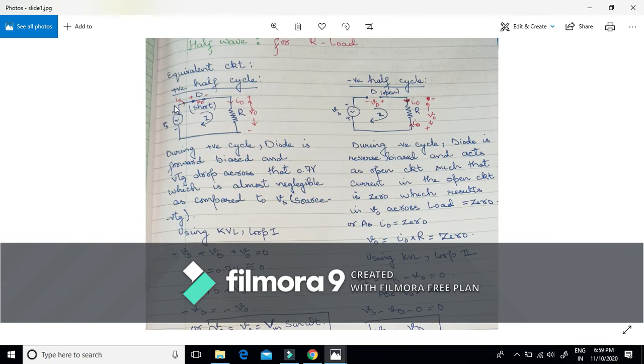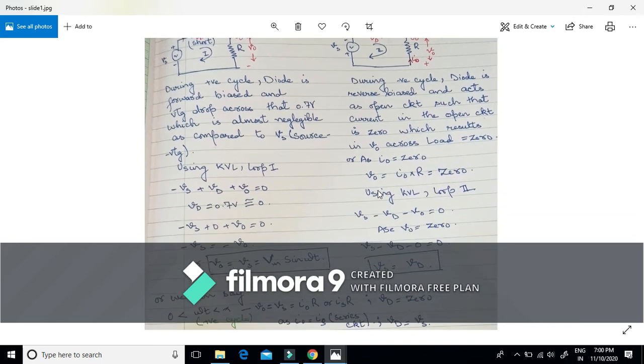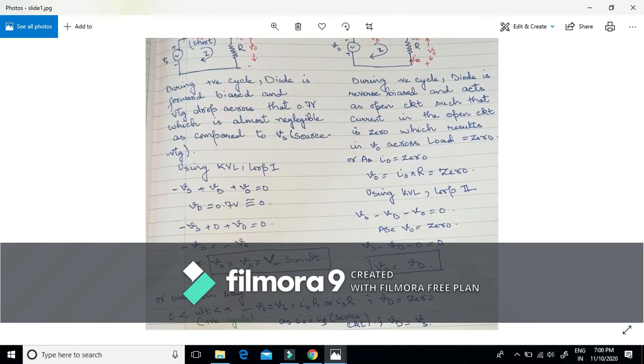The driving source is the voltage. There will be some current in the circuit, represented by I naught across the load. Either you represent it by Is or I naught, that is the source current or series current. This I naught is equal to Is in this circuit. If you apply KVL here, minus Vs plus Vd plus V naught is equal to 0, and finally Vs is equal to V naught.